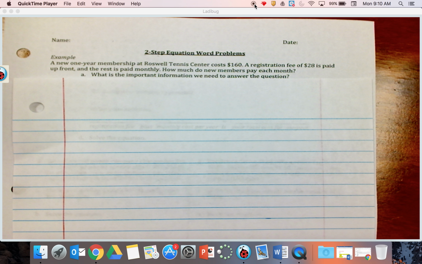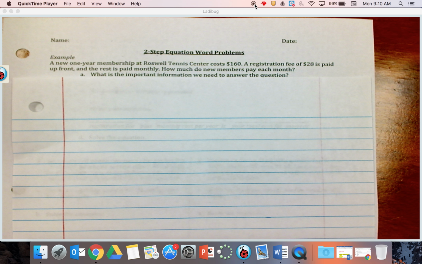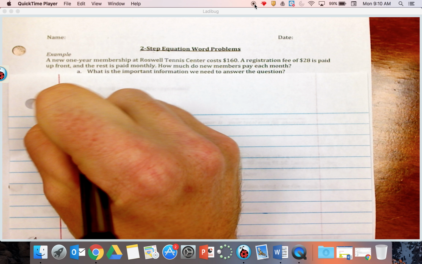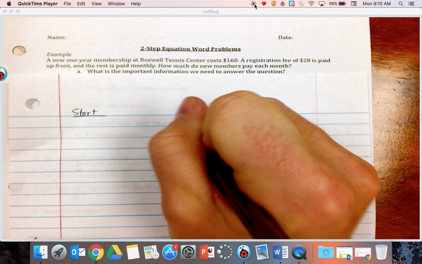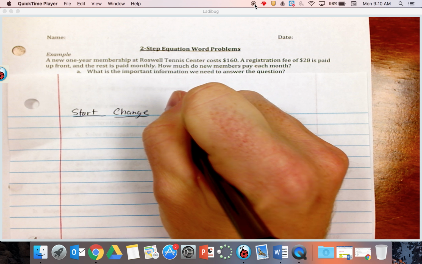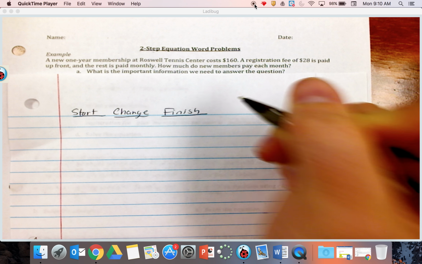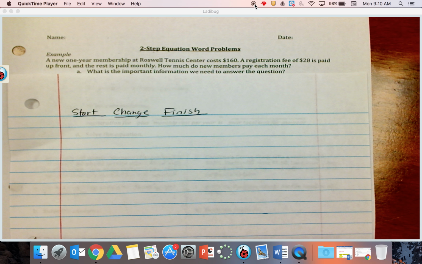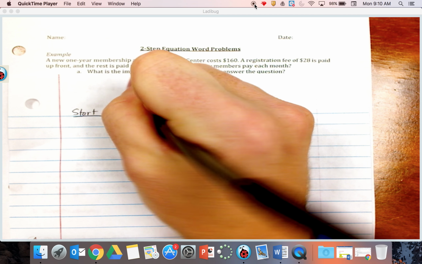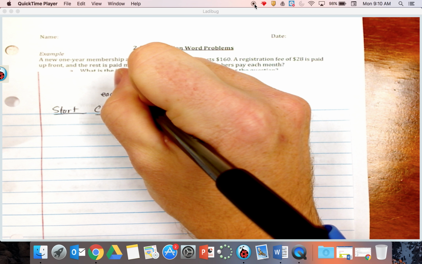Okay, so basically what I need to do is figure out what my start, my change, and my finish is. Then I can set these things up. The change, remember, is going to be if you see the words each or per.